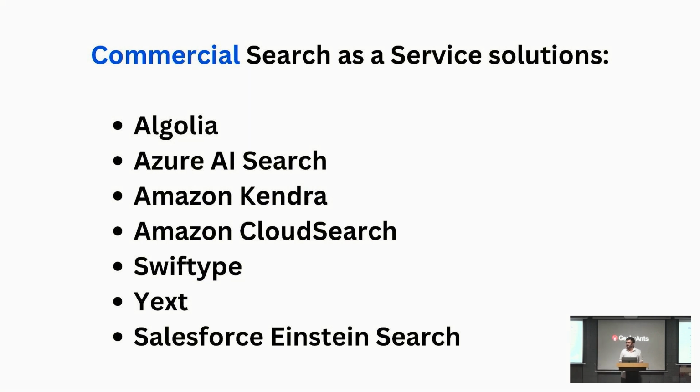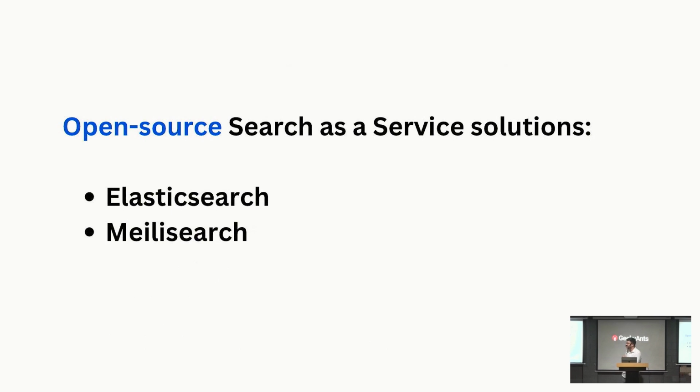The others are also AI search algorithms, commercially available with natural language processing included, but they are not very specific to the FMCG market. For example, Salesforce Einstein search is very good at helping their users search from the data using a simple query. Also, there are open source search-as-a-service options.